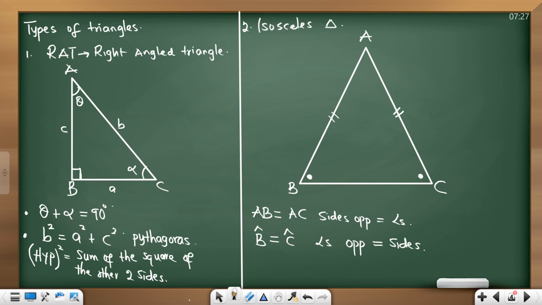The angles are equal because the opposite sides are equal. We're going to need that. Please take note of the reasons and let's learn them quickly. The sides opposite the equal angles are equal. So we say sides opposite equal what? Angles. And angles opposite equal what? Sides.